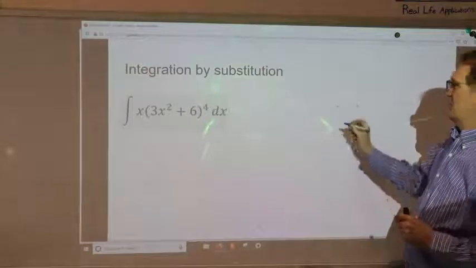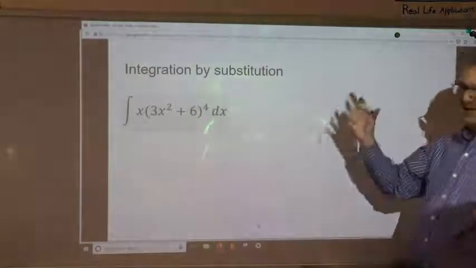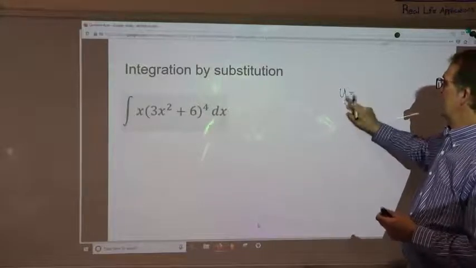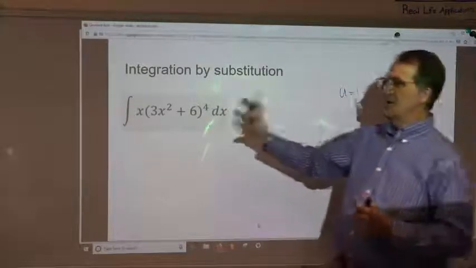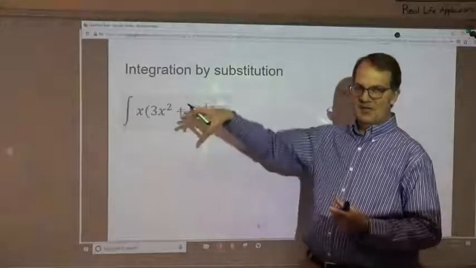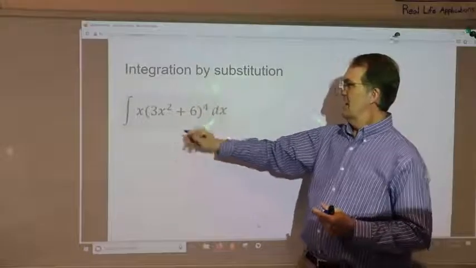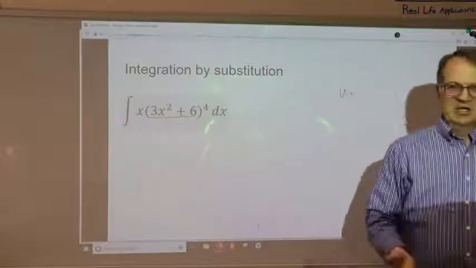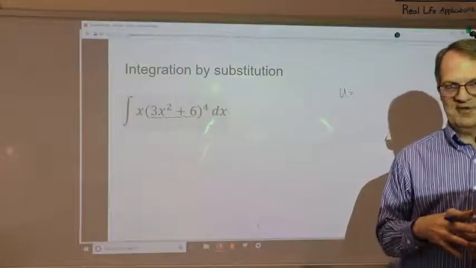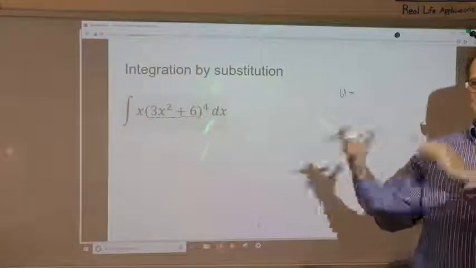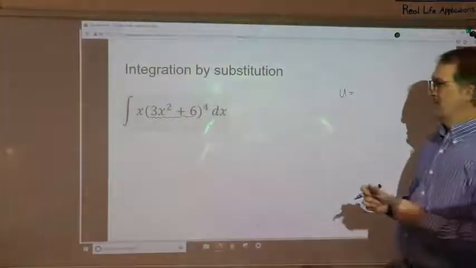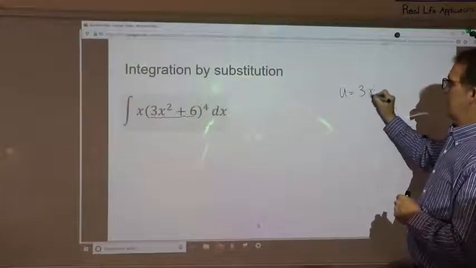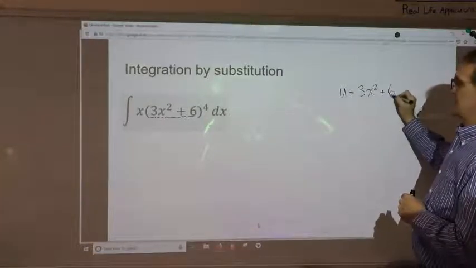And that is step number 1, identify u. Just like we were doing with the chain rule, what is the function inside the function? 90% of the time, look at what's inside the parentheses. That's the function that got put inside the function. And so my u here is 3x squared plus 6.